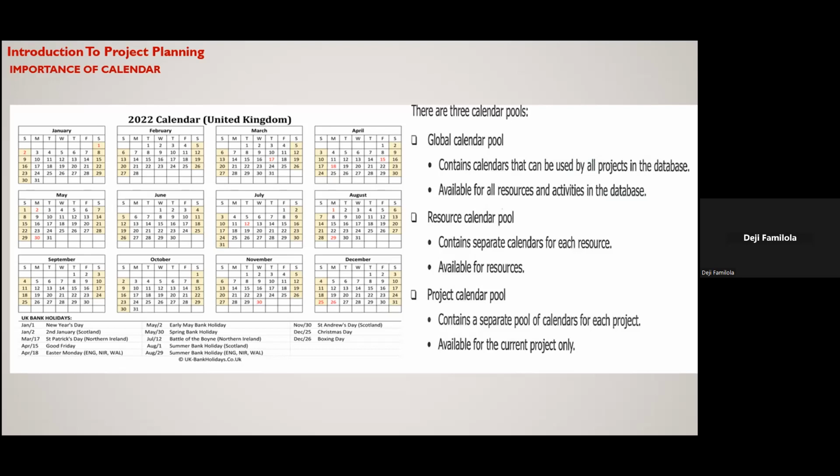So all these things need to be planned on your calendar before you start saying, okay, my project will run through January to December. This calendar will help you determine how long the project is going to take.